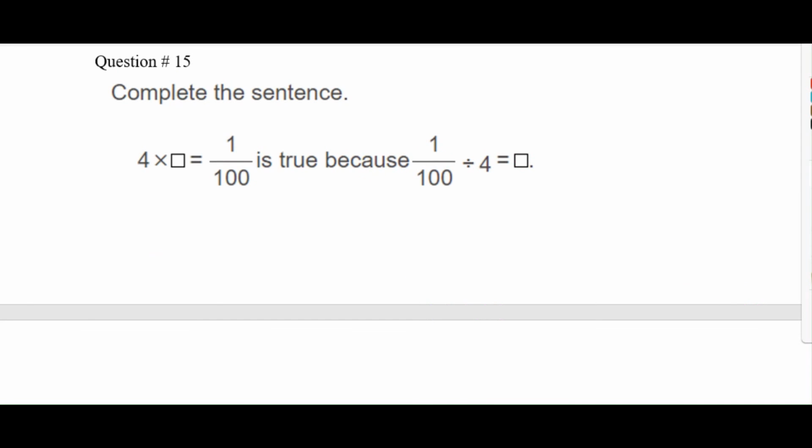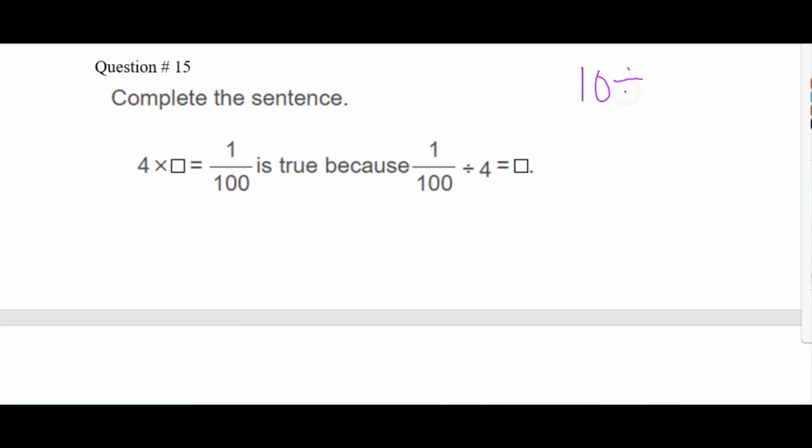Here's question number 15. We want to complete the sentence. So the goal for this question is to understand that the way you can write whole numbers as multiplication is the same way you can write fractions as multiplication and division. So if I were to take, let's say, 10 divided by 2 is equivalent to 5.